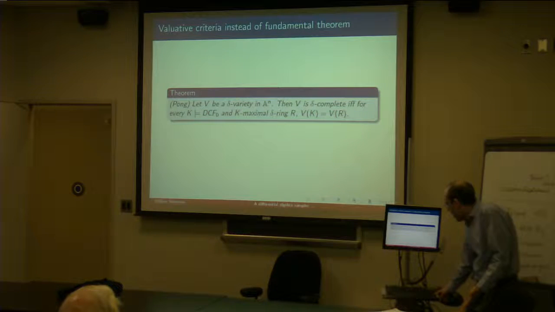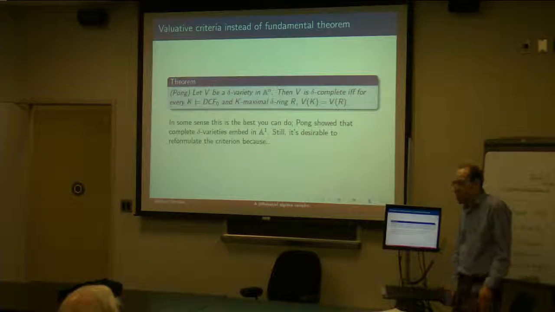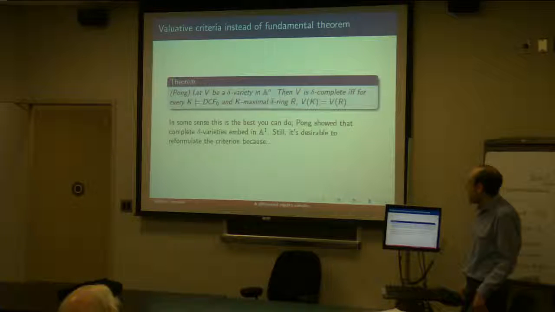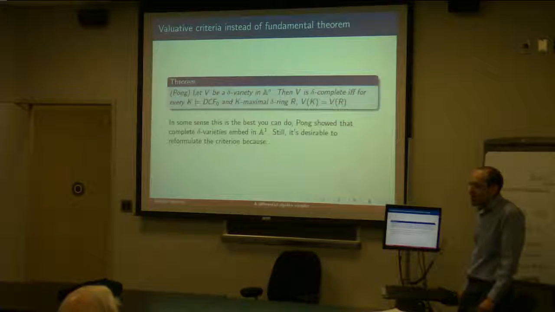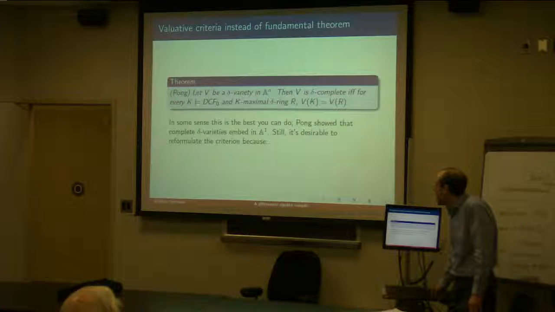So that is Pong's criterion for affine differential varieties, and in some sense that's all that you need, because these things are small and you can actually embed them in the affine line if you've got a complete differential variety. But still, if you want to understand the extent of this notion, when I started looking at this I didn't know whether there were any non-trivial incomplete examples.